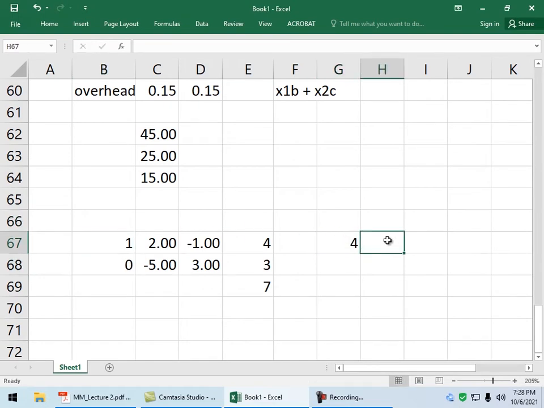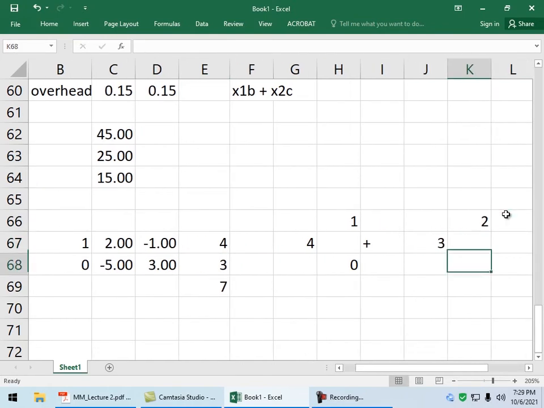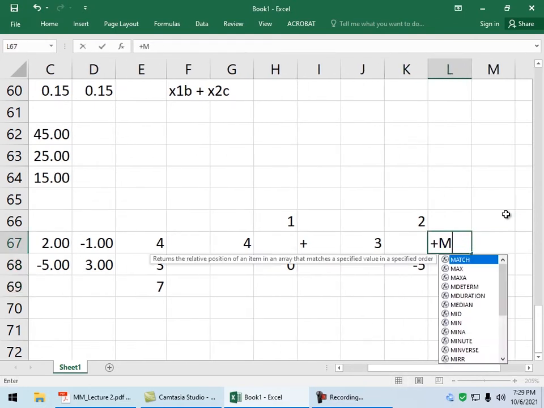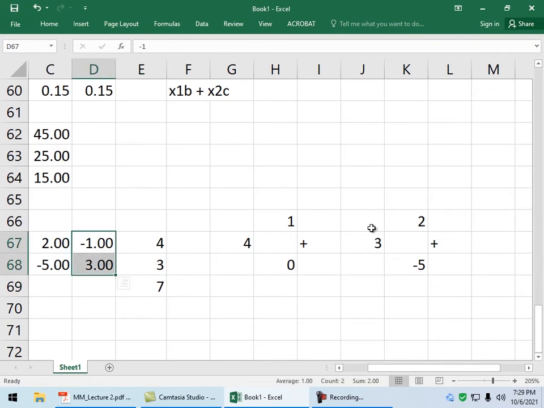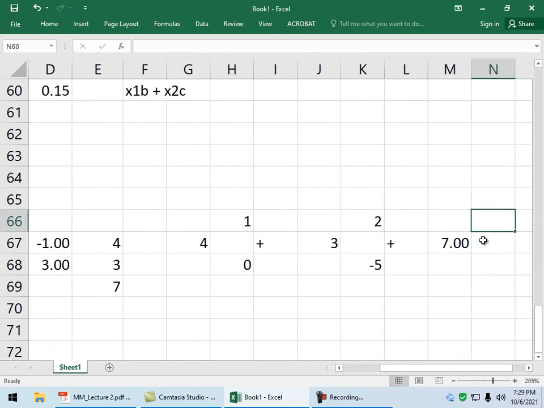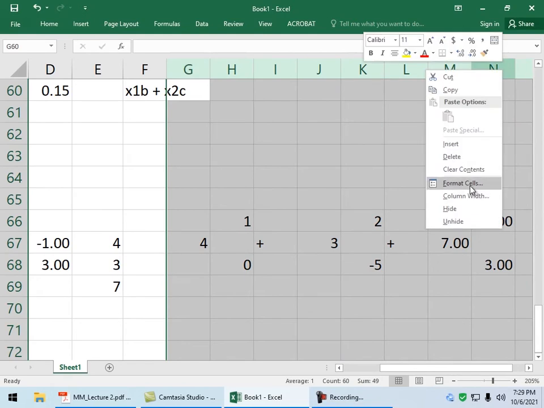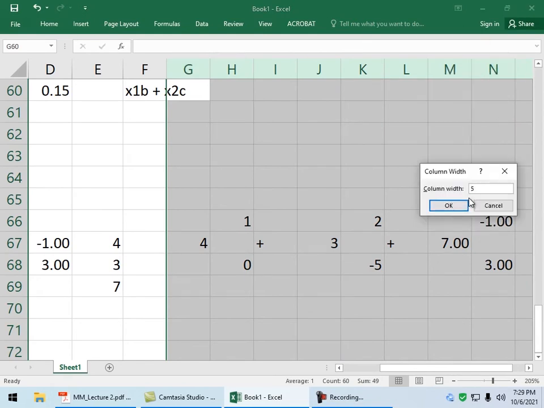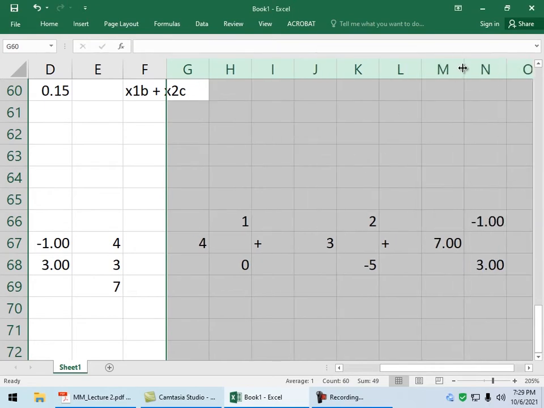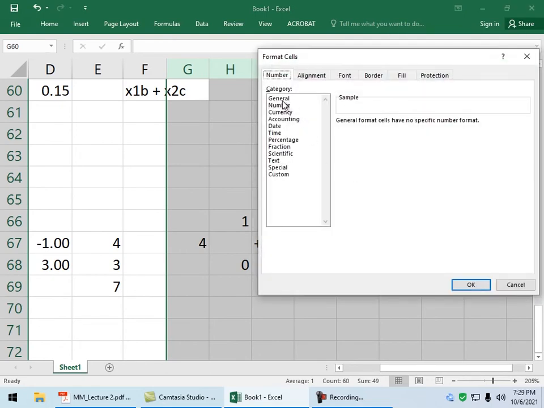So x1 times the first column, plus x2, which equals 3, times the second column, 2 and -5, and again plus the last element, 7, times the last column, -3, -1, and 3.